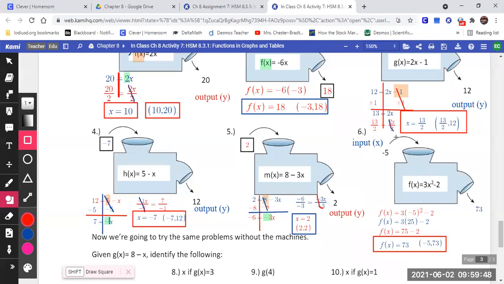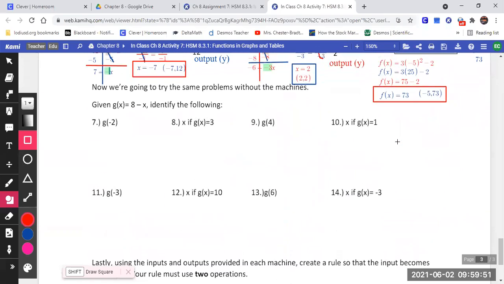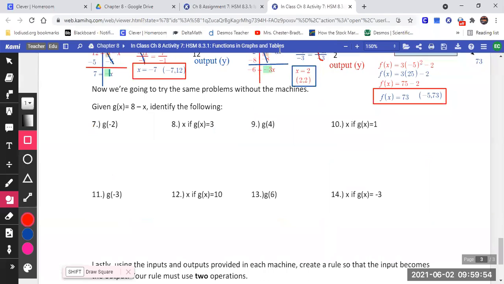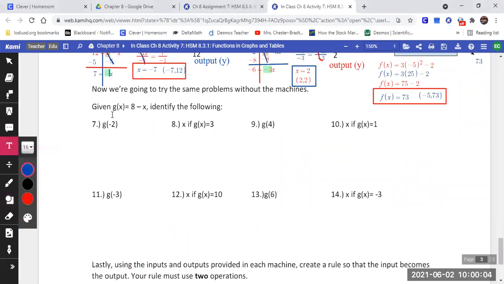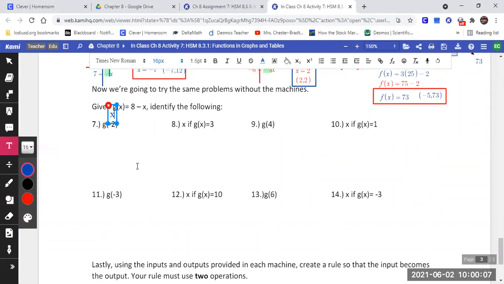So now we're looking at this bottom piece. They want us to look at these without the function machine, without having to have that in the way. So when they give us a number, they gave us an X. If they give us the number inside the parentheses, they give us an X. If they give us the number outside the parentheses, they're giving us a Y. Numbers inside are X's.